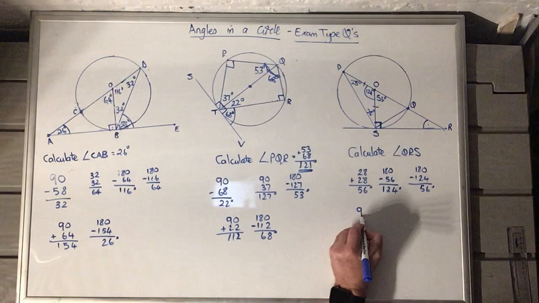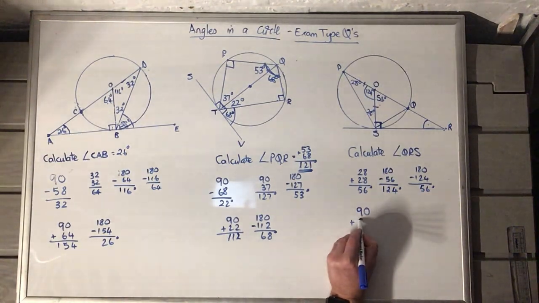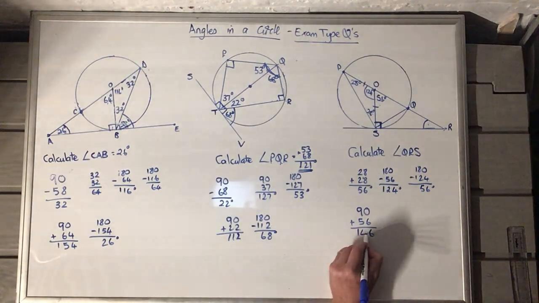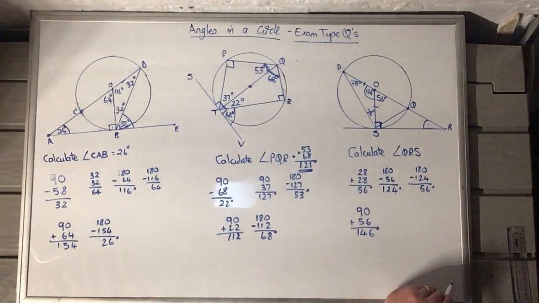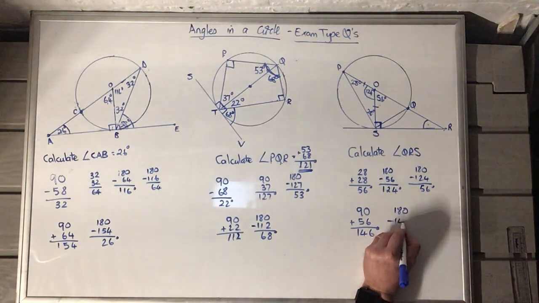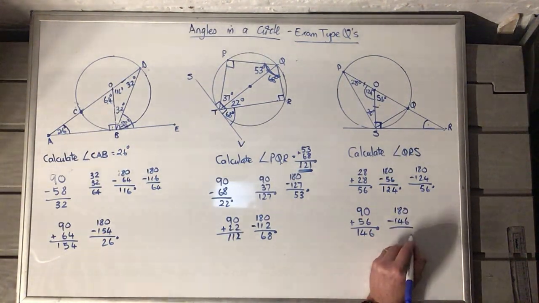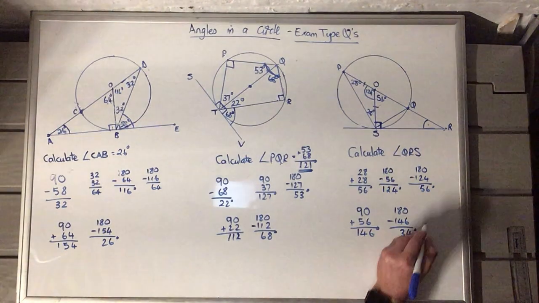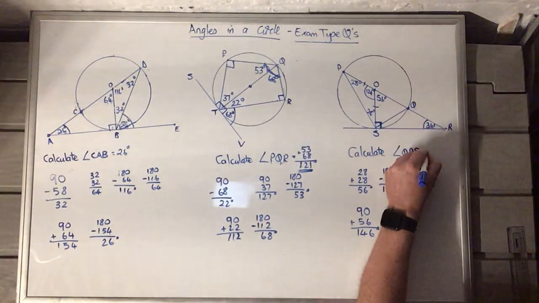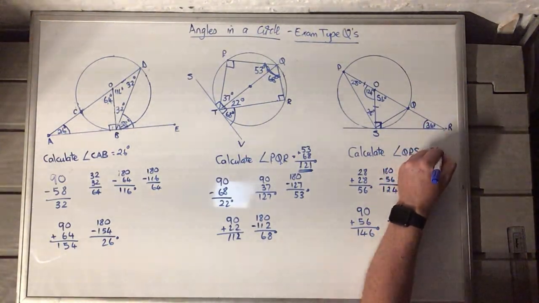So 90 plus 56 gives me 146. Now take that away from 180, minus 146, will leave me 34 degrees. So this angle in here is 34 degrees, and that's what we're asked. Okay, 34 degrees.